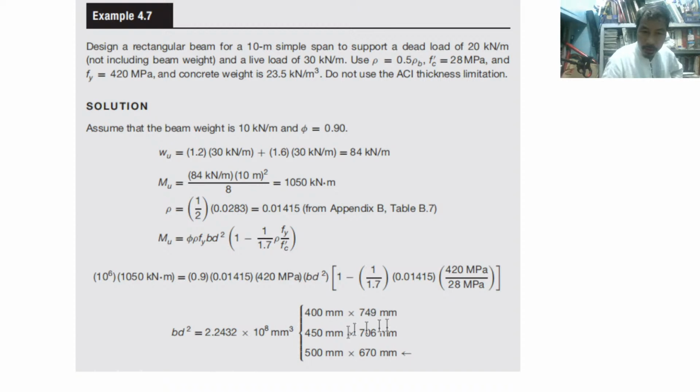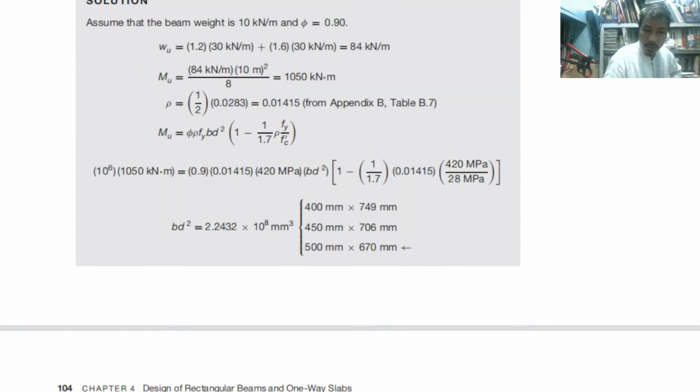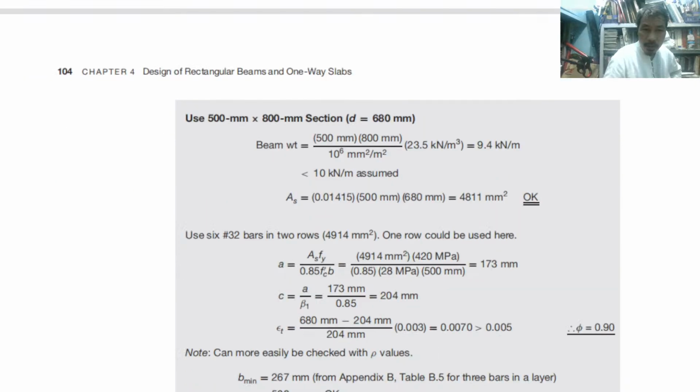So let us have 3 alternatives. You have to try 3 alternatives and choose the best one. So we can choose 500 by 670. Okay, so let us check if that is okay. So 500 by 800.